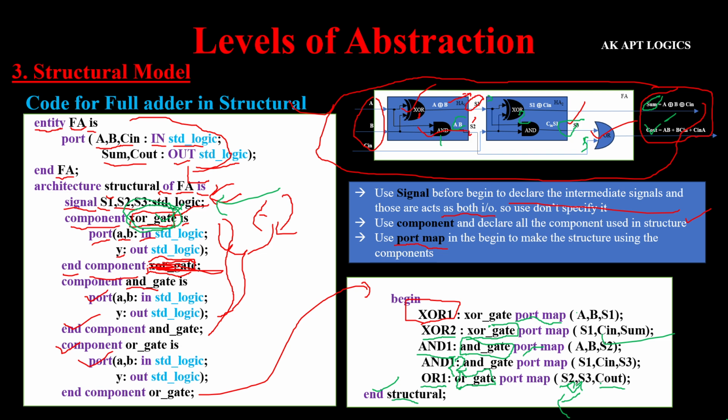Similarly, when you give the values in the port map, you need to give them in the same order. Then only it will give you the correct functionality. This point you need to remember.